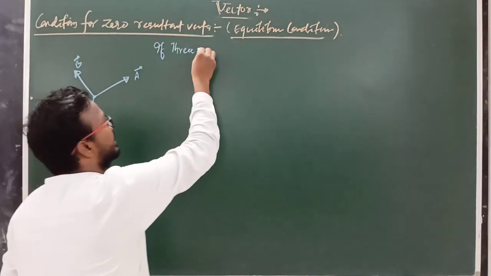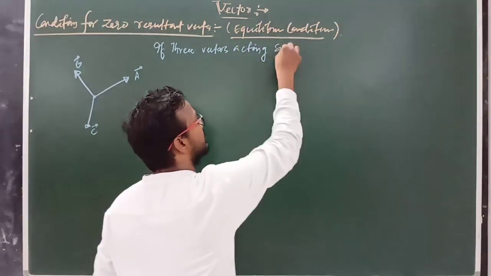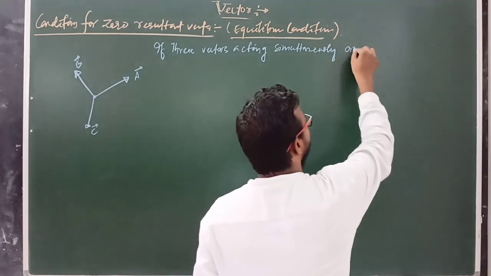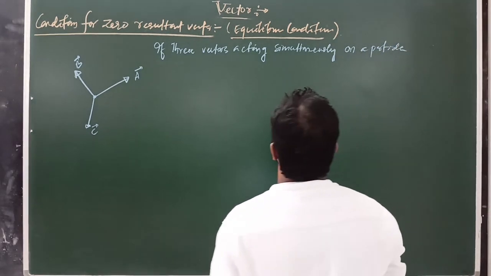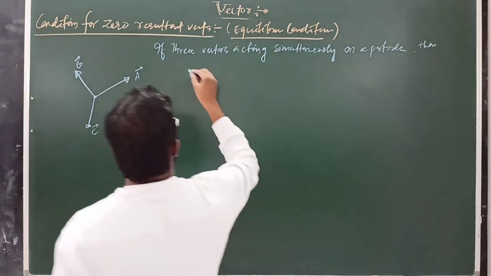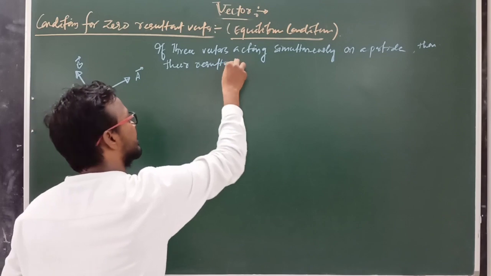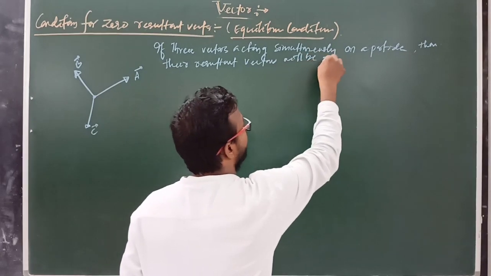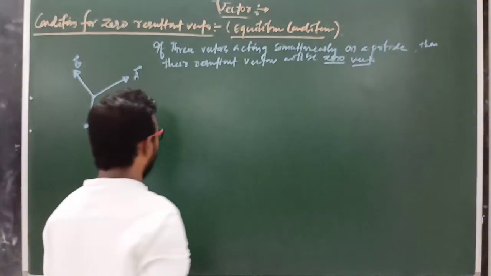If three vectors act simultaneously on a particle, then their resultant vector will be zero vector, or the resultant vector will be zero.